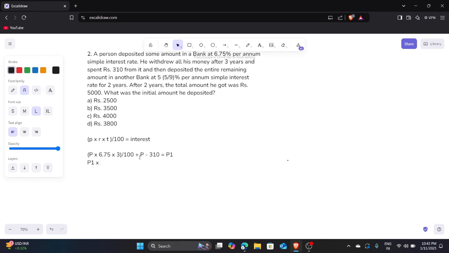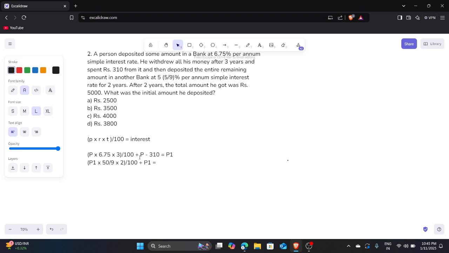This is nothing but 50 by 9, divided by 100, which he gets, plus P1 also.